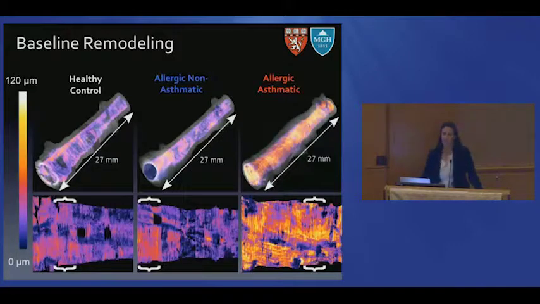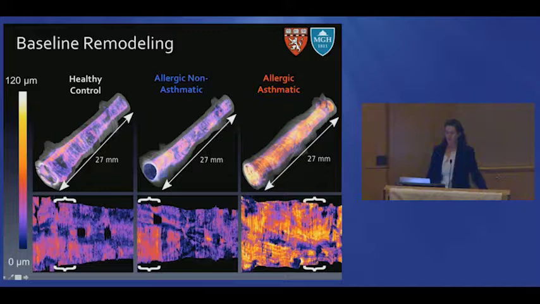But the big difference came when we looked at the airway smooth muscle. So here we have the healthy control, the allergic non-asthmatics, and the allergic asthmatics on the very right. And what we're looking at is that 2.7 centimeter pullback, that volume rendering, where we've color encoded airway smooth muscle thickness again from 0 to 120 microns.